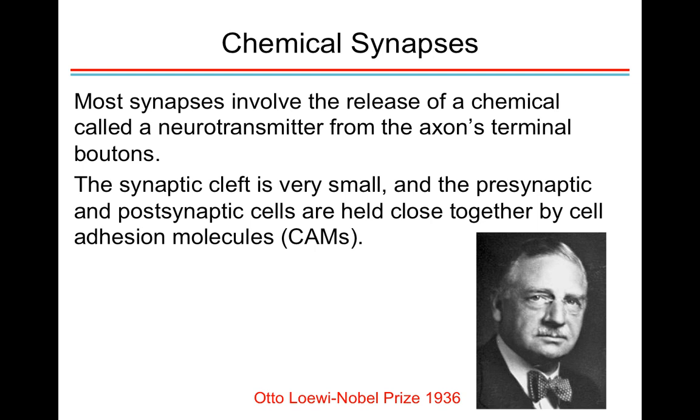So that's one kind of stimulation, right? The other thing I want to talk about now is chemical synapses. When we think about the nervous system, we usually think about neurotransmitters as the molecules nerves secrete.